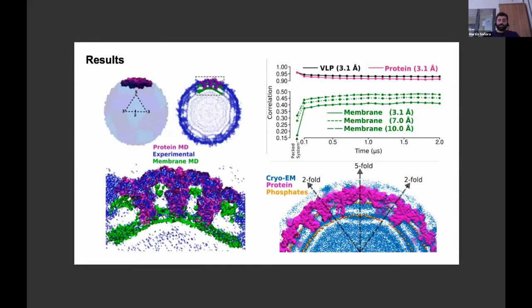In contrast, the bilayer regions close to the 5-fold axis here, which are flatter in the cryo maps, show significant mismatch, as you can see here in the orange bits and the blue density.